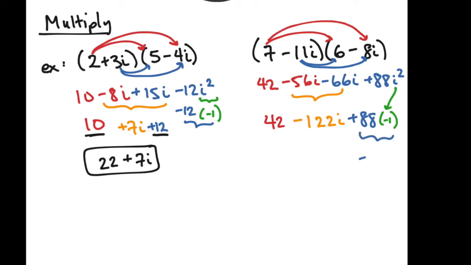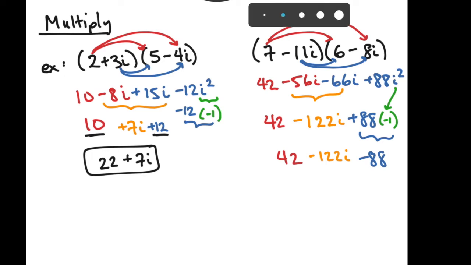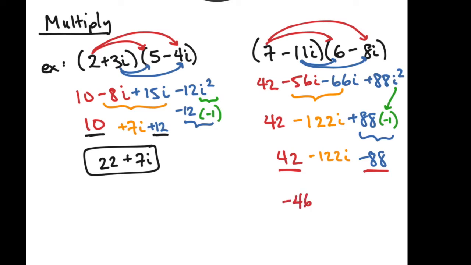So if I multiply these two out, that'd be negative 88. Bring down the 42. Bring down the negative 122i. We can combine these two, which is negative 46 minus 122i, and that will be our answer.